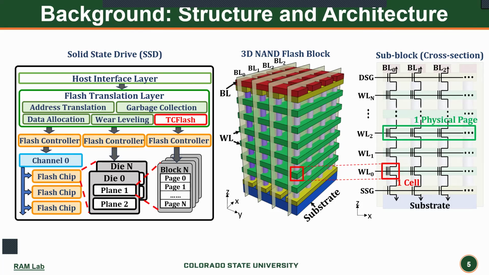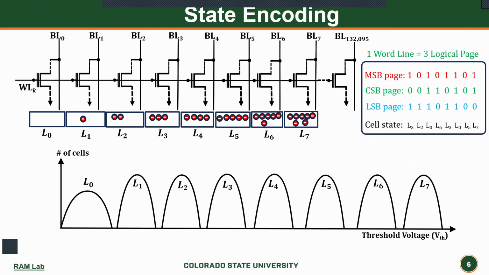Moving forward with a single physical page, in tri-level cell NAND flash memories using the incremental step pulse programming, or ISPP, scheme, a cell can be programmed in 8 distinct levels. Each of these distinct levels depends on how many electrons are stored in the charge trap layer. These 8 distinct levels can be encoded with a 3-bit gray encoding.